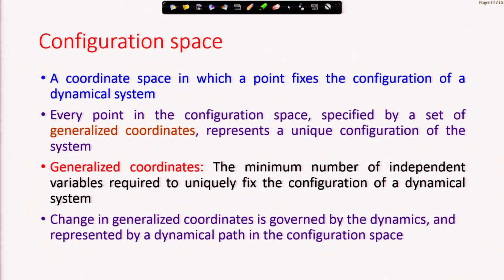There are 4 Euler parameters E0, E1, E2, E3, and these 4 parameters represent a point on a 3 sphere, and as the orientation changes, these parameters will change, but it will always remain on this 3 sphere. And therefore, as the system evolves, the generalized coordinates are going to evolve, and they will be governed by the laws of dynamics.